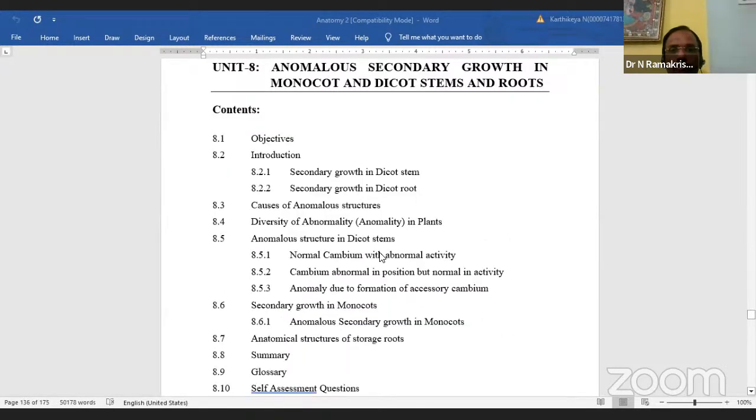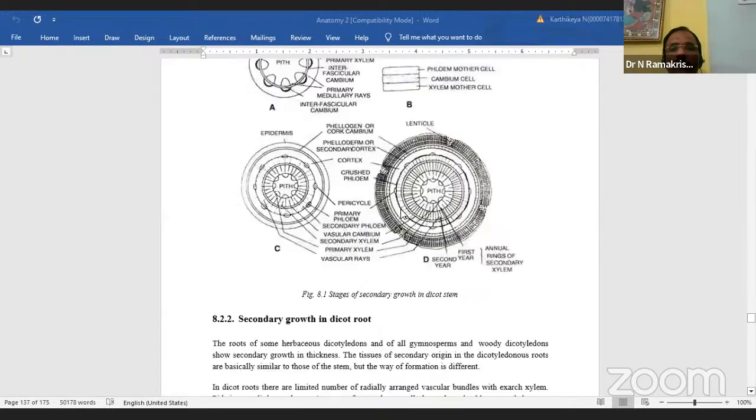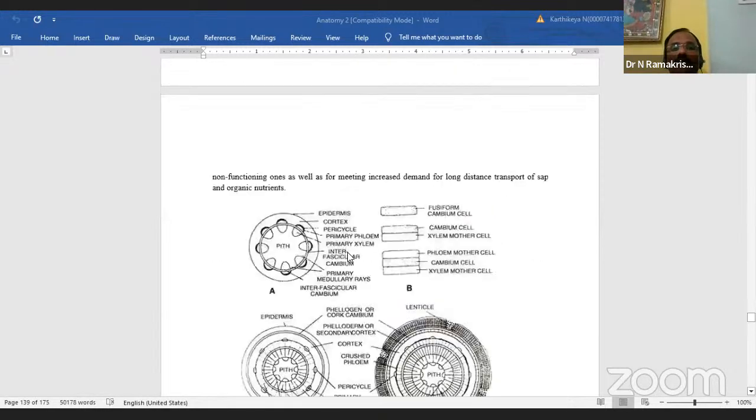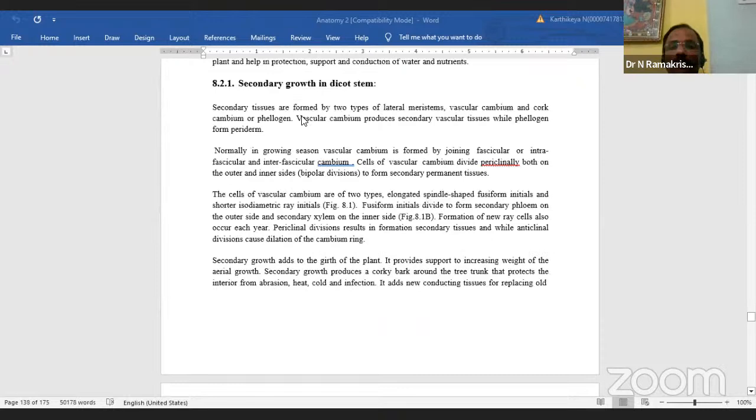So what is the meaning of secondary growth? Already you know very well, the secondary tissues are formed.